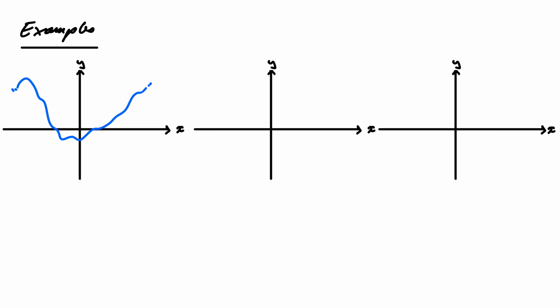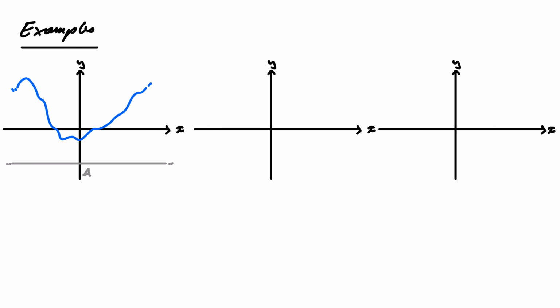From what I've drawn, it's bounded below in the sense that there is a lower bound. If I draw this horizontal line, and let's say the y coordinate here is a, the graph is bounded below by this horizontal line.